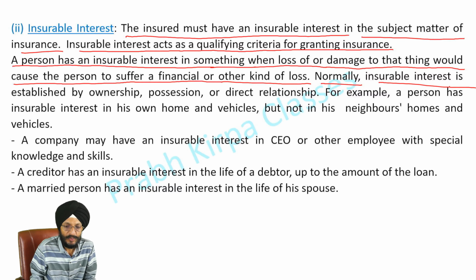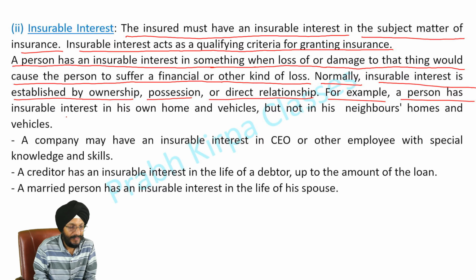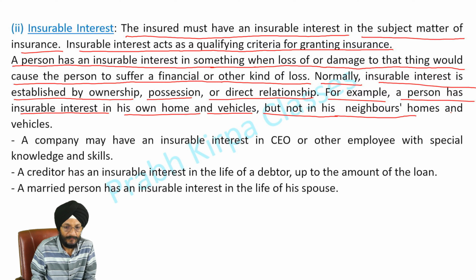Normally, insurable interest is established by ownership, possession, or direct relationship. For example, a person has insurable interest in his own home and vehicles, but not in his neighbor's home and vehicles.